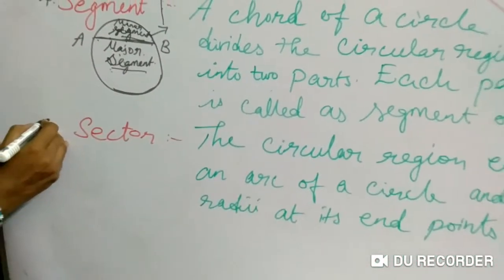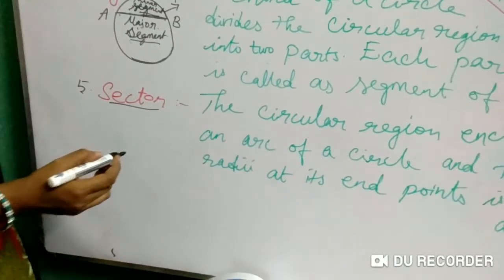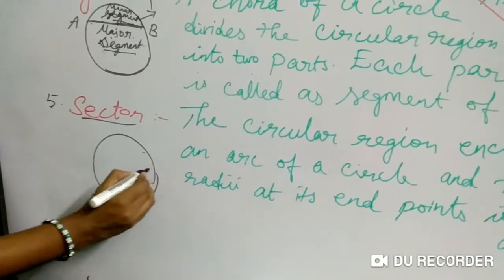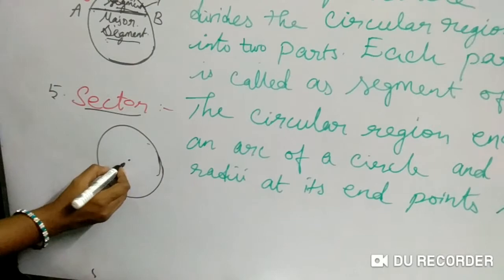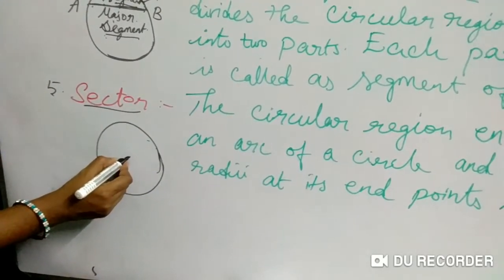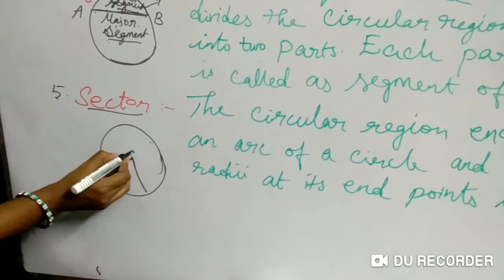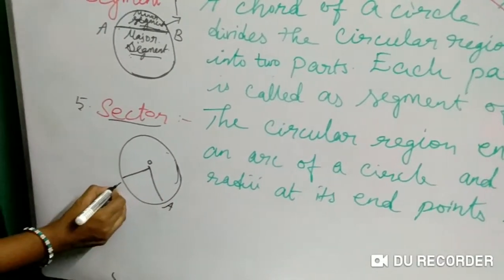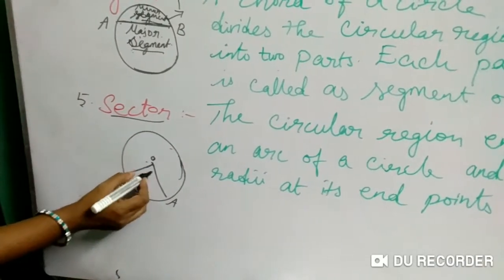And the final one, the fifth one, is sector. Sector means, look at your circle, and this is the center. Here you draw two radii inside this circle. For example, take the center as O, and name the ends of the radii A and B. OA and OB are two radii.